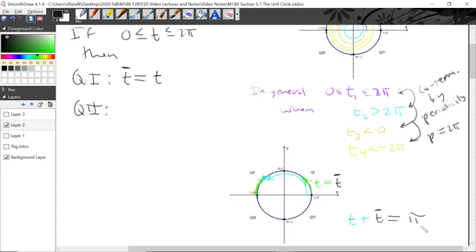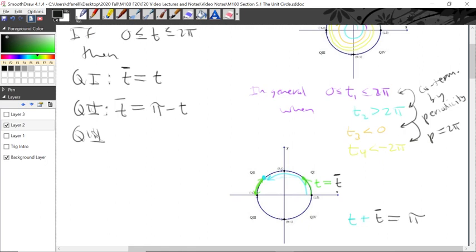As long as we're in quadrant 2, that would have to be true. Solve that for the reference number, then t bar is equal to pi minus t. So if we're given a value of t that puts us in quadrant 2, then t would be between pi over 2 and pi, and if we subtract that value of t from pi, we are left with the reference number. By symmetry, we can see that has to be true.